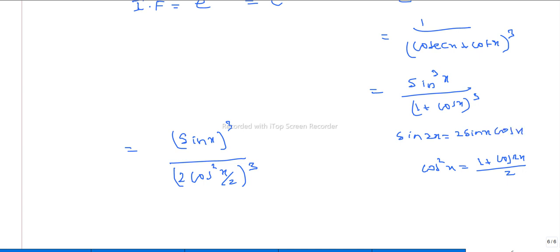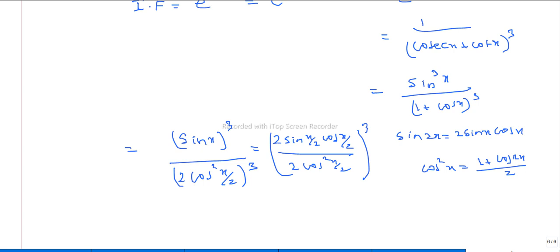Here instead of 2x we have x, so we write 2 sin x by 2 cos x by 2, whole cube, over 2 cos square x by 2, whole cube.